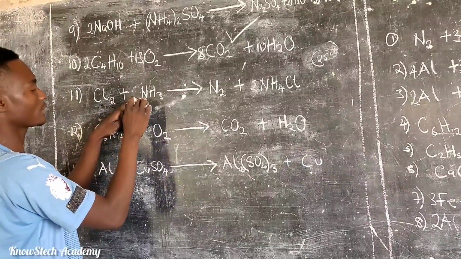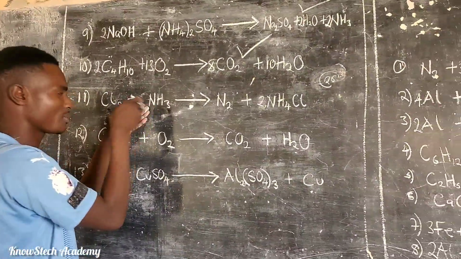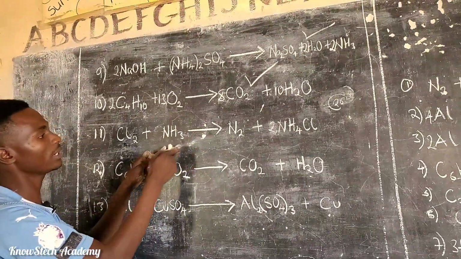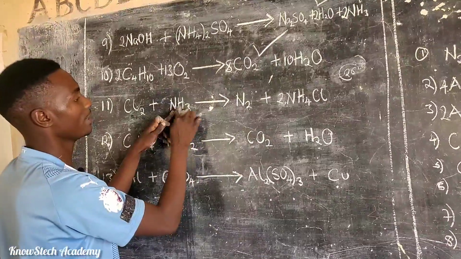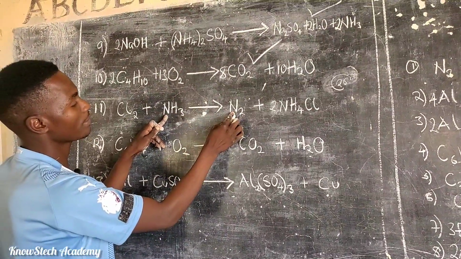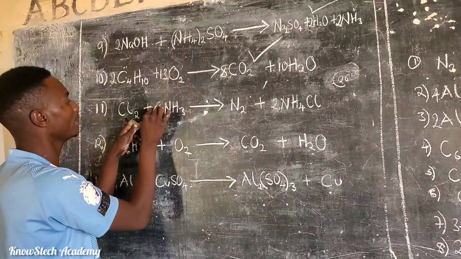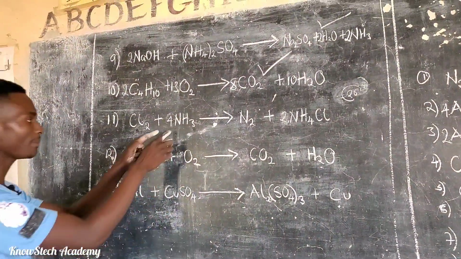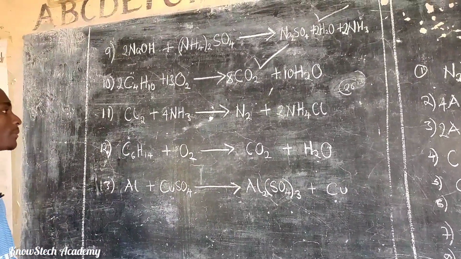The nitrogen here, not ammonia, but just nitrogen, because we're considering elements and not compounds. We only have 1. How about here? 1. Then here we have 2 plus 2, 4. So we're going to write a 4, so that the number of nitrogen atoms balances.